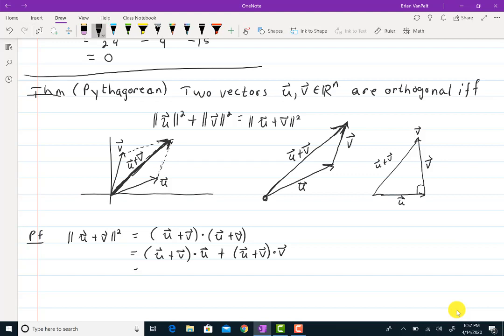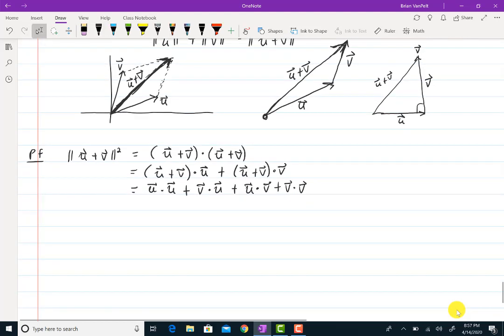Then I could distribute again and get u dot u plus v dot u. And I can do the same for the other parentheses, u dot v plus v dot v.